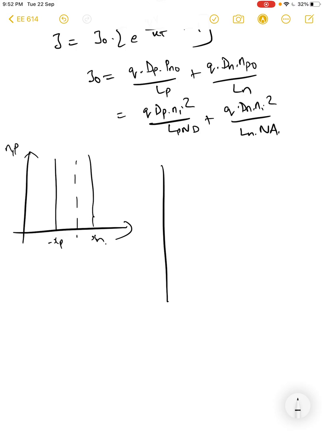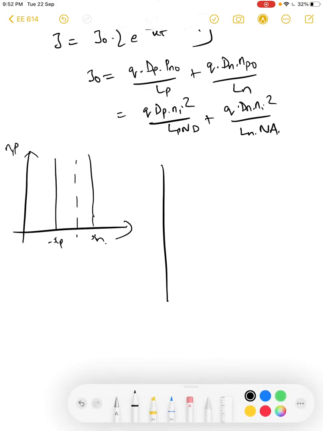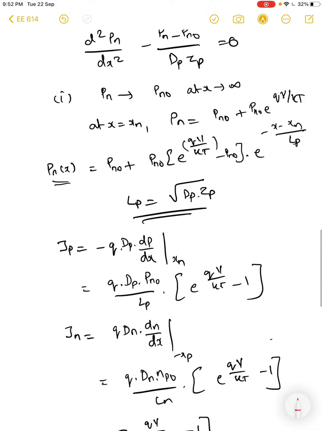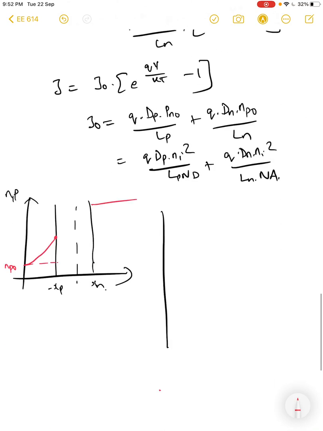Under forward bias you can see that the electron concentration, which I am drawing in red, has some value much more than the intrinsic, this is np naught, and it falls down exponentially because the expression that we derived here is exponentially falling.